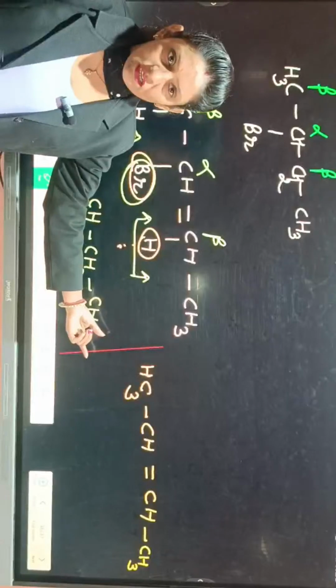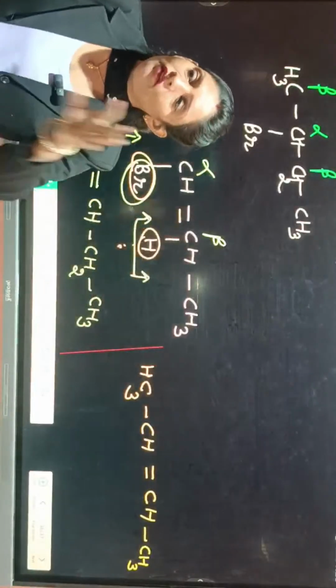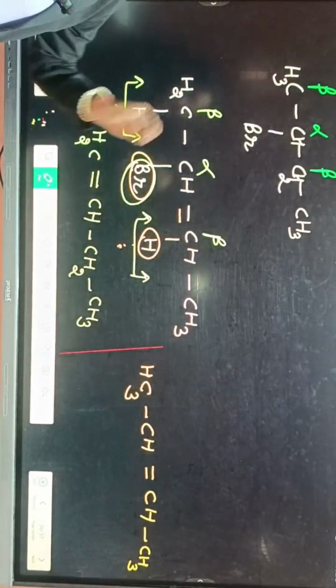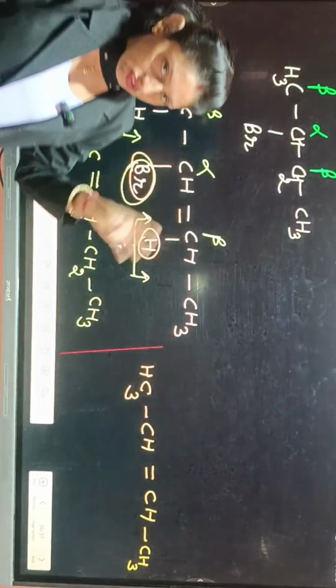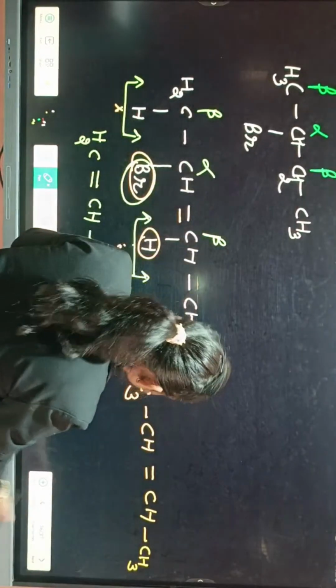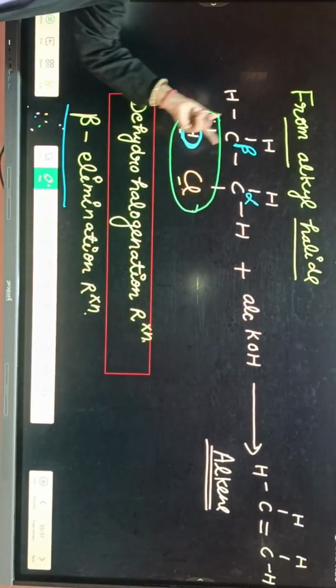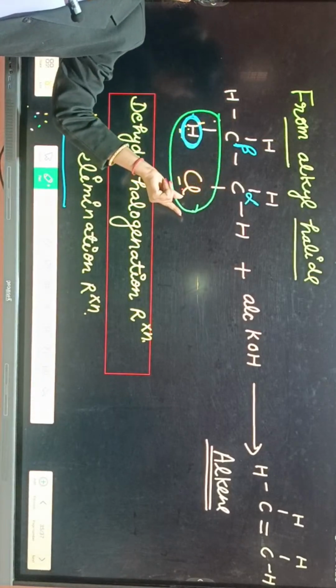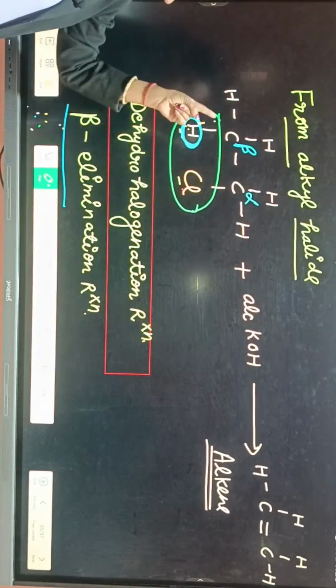Tell me. Try to understand, beta, what will you do? Simply you will break hydrogen and halogen. Simply you will remove hydrogen and halogens. Which hydrogen? Beta hydrogen.